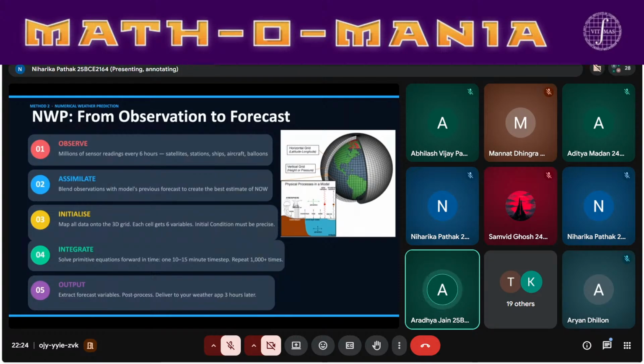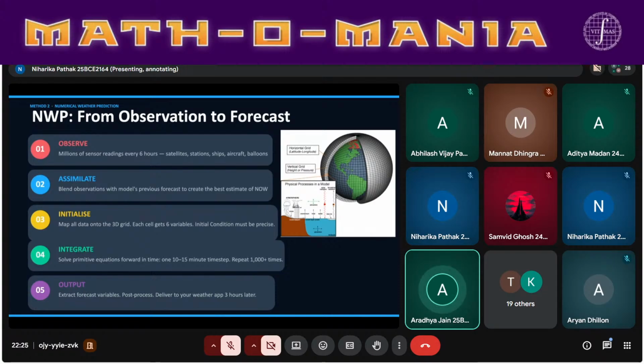It takes all the data stored from different stations in that interval, and for different intervals we assimilate all that data together. So we blend the observations from each time interval, and make it our actual assimilated data of right now, which we are going to use.